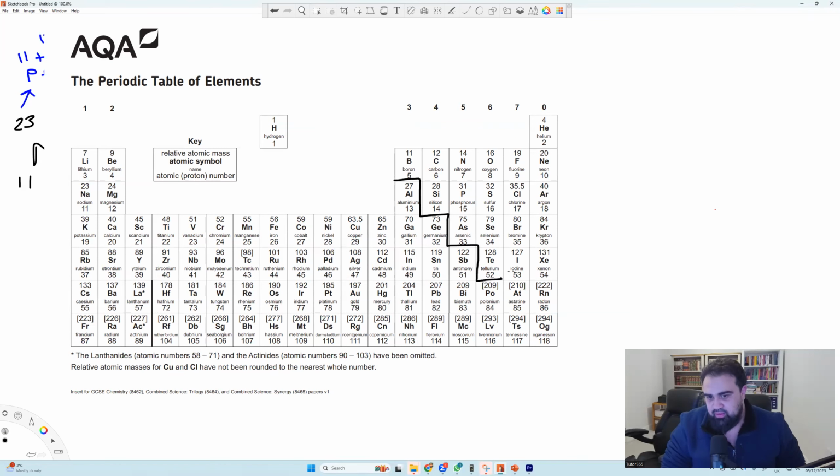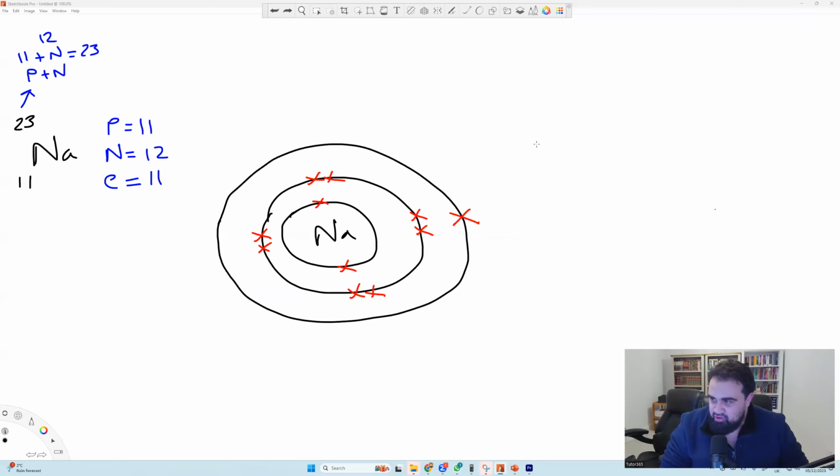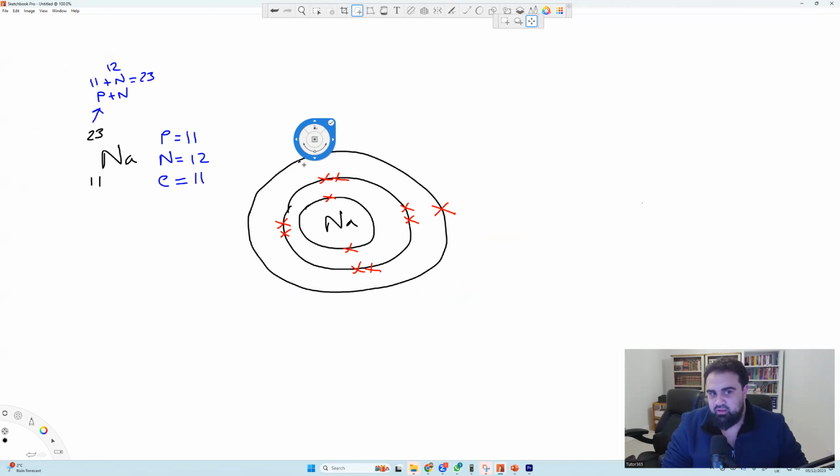The metals are on the left side of the staircase and the non-metals on the right side of the staircase. Metals react with non-metals, and when they do this, they always give away an electron or electrons. So sodium is going to react with chlorine. It could have reacted with anything, I just chose chlorine. Sodium wants to give away this 1 electron to chlorine.